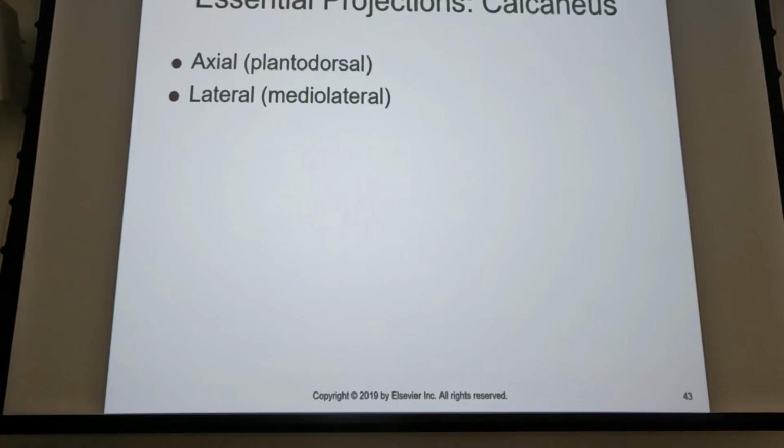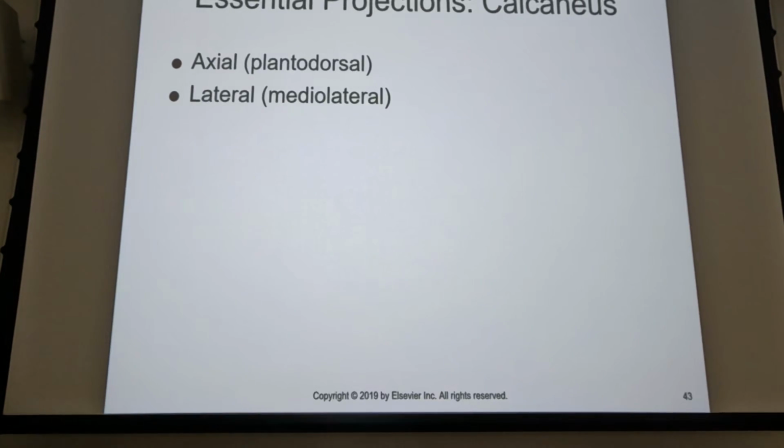In this case, the primary difference is going to be central ray location and collimation. With the foot, it was to the base of the third metatarsal. In this case, where we're going to go is 1 inch distal to the medial malleolus.